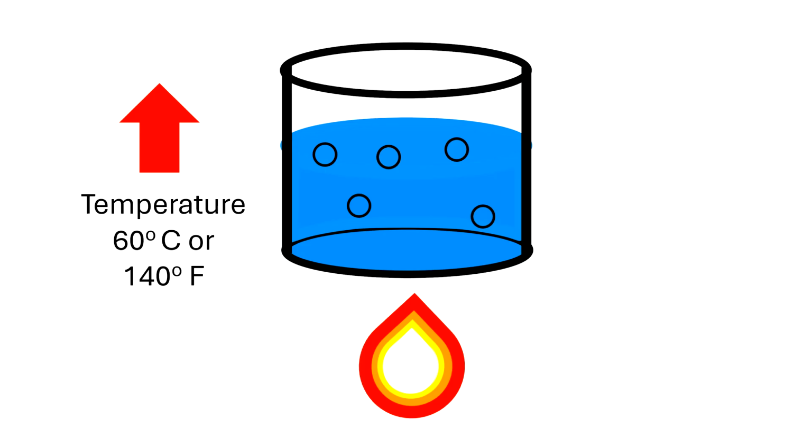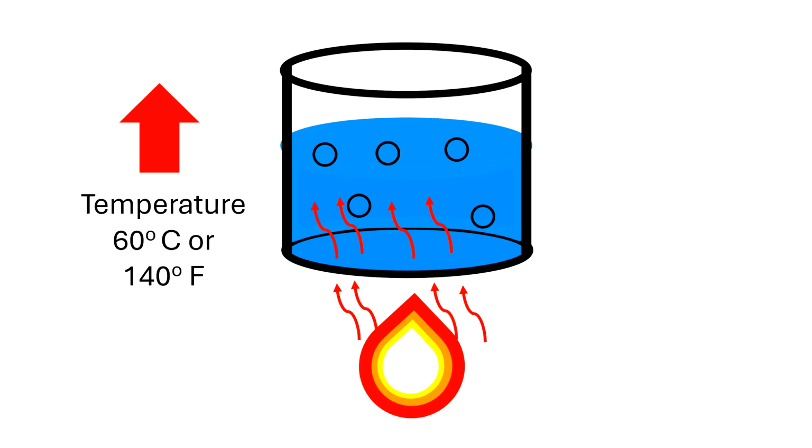What will happen is that heat from the hot plate will travel through the glass and into the water. And as the temperature rises, the water particles will become more energized and start to move faster and collide more often to match the temperature of the plate.